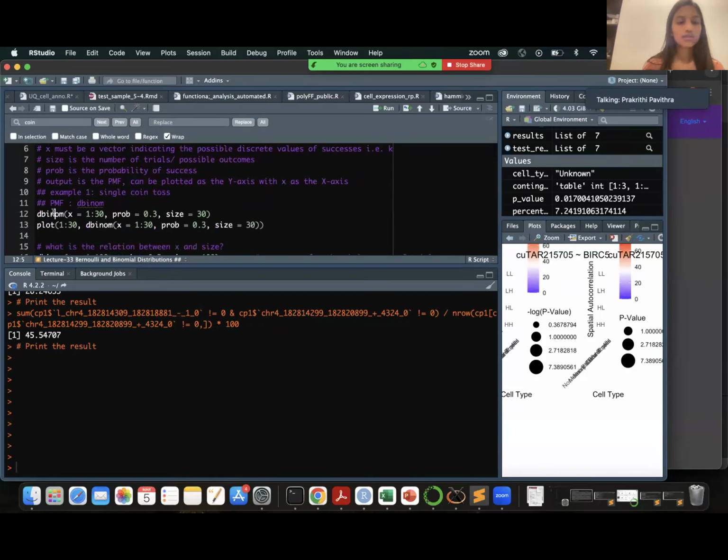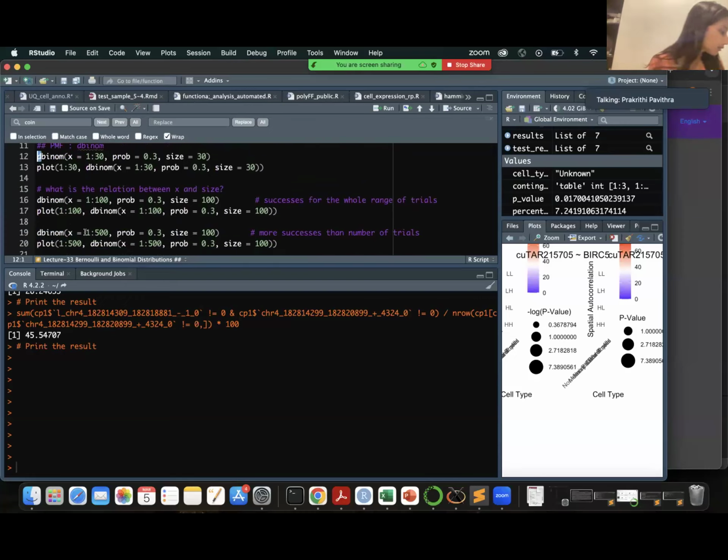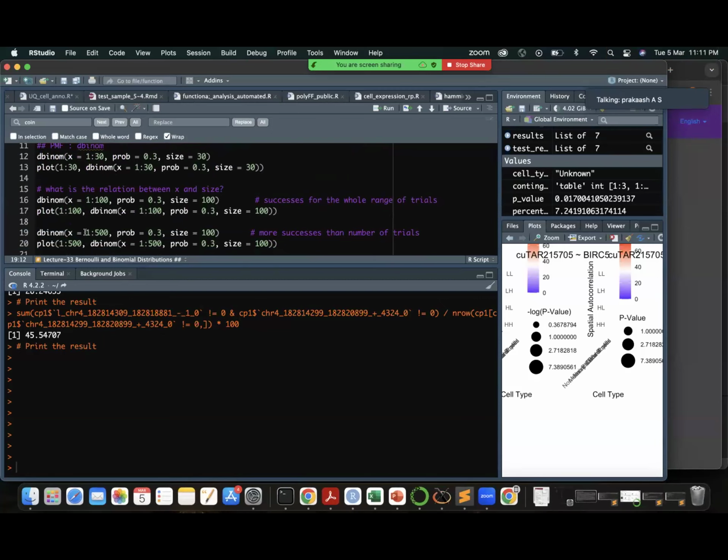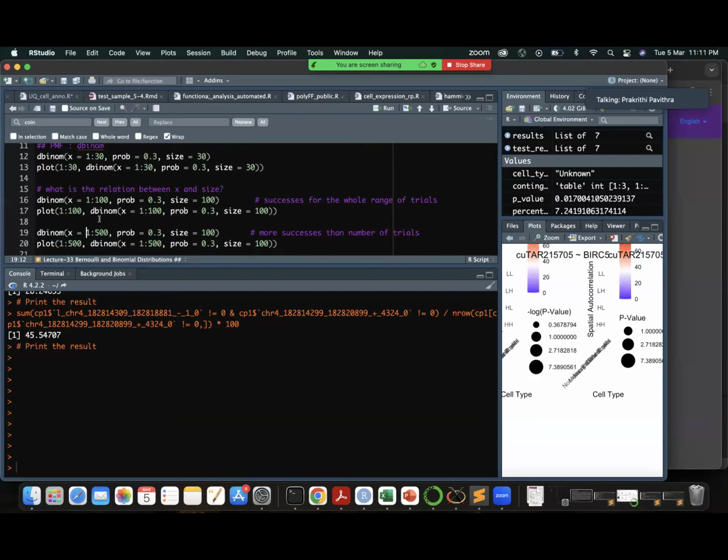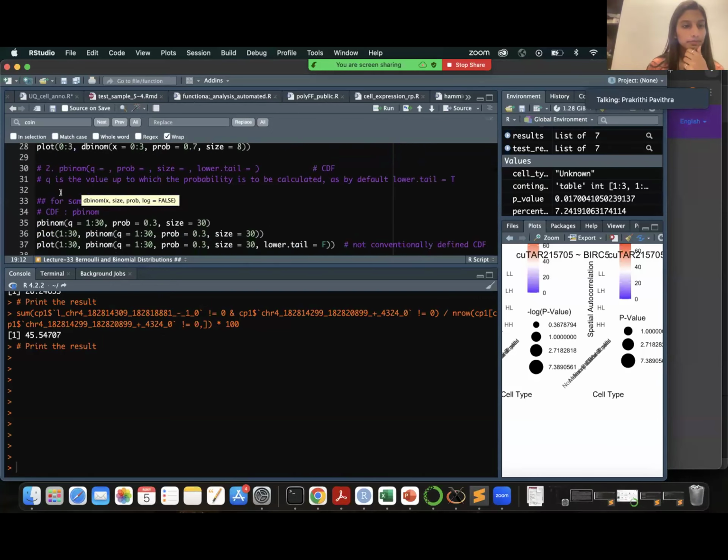So you have four things. You have dbinom. This is when you want to find the PMF, the probability mass function. And you have something called pbinom.